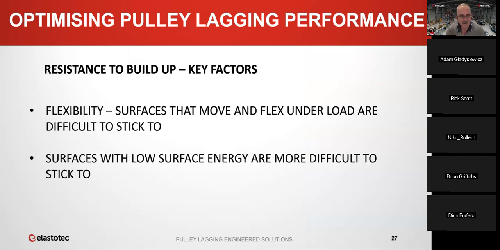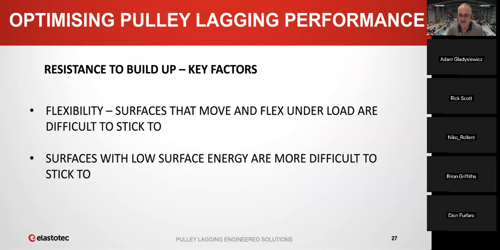When we look at resistance to build-up, there are two physical properties that affect this. The first is flexibility, in other words, the ability of the lagging to move and flex under load, because that makes it difficult to stick to. And then the surface energy or release characteristics.